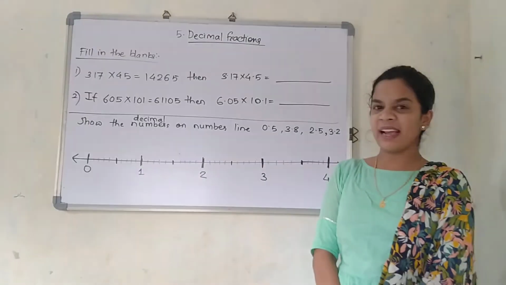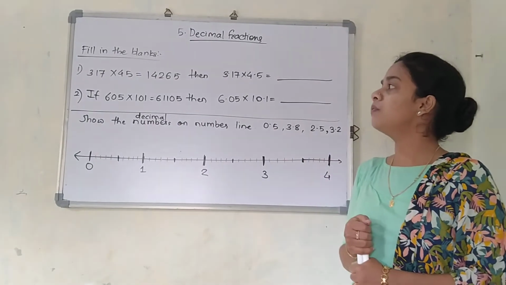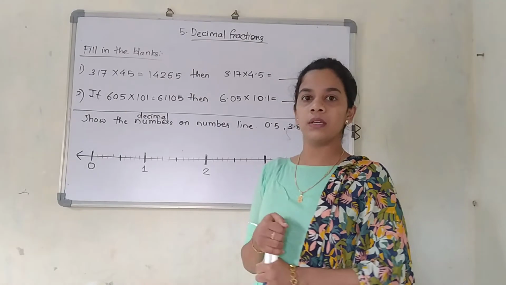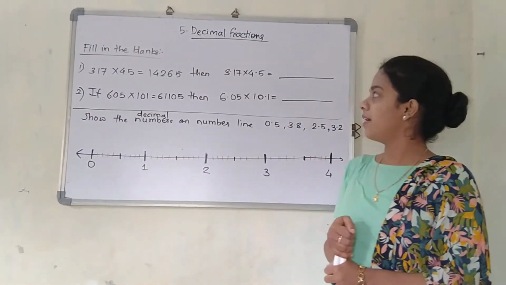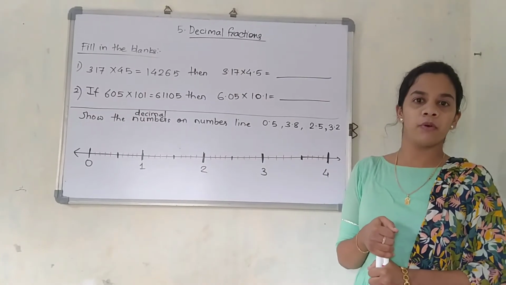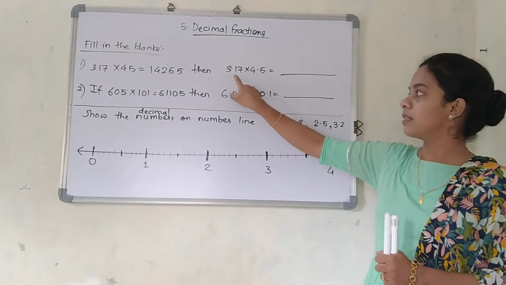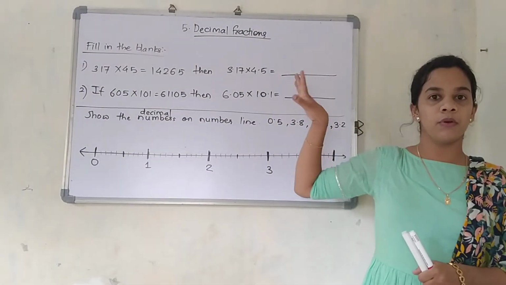Okay, so now fill in the blanks. They are given near the board. We are going to solve them. If 317 into 45 is 14265, that is 14,265, then 3.17 into 4.5 will be how much? If you have seen, this number and this number are the same, only the difference is of the decimal point. 45 same, only the difference is the decimal point.